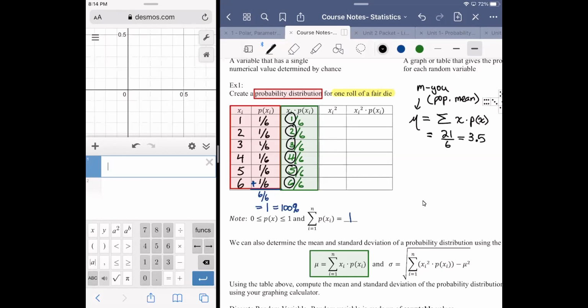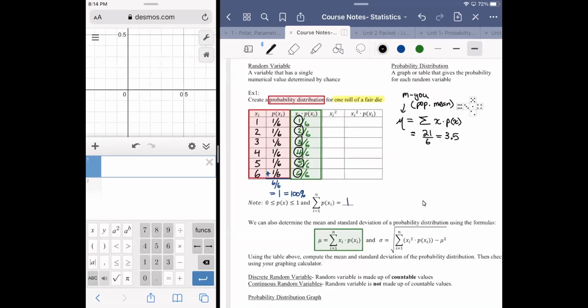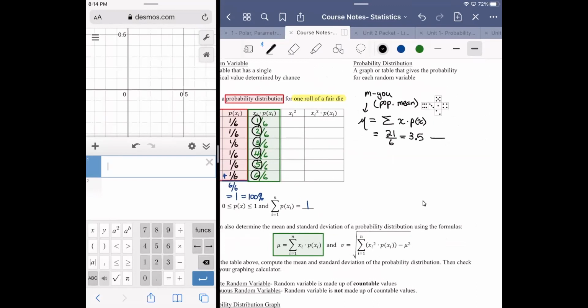What this is saying is if I rolled the die 100,000 times and averaged the value of the sides that I got, so sometimes I got a 2, sometimes a 4, sometimes a 1, sometimes a 6, add them all up and divide by the number of rolls, then it would amount to 3.5. Right? So this is also known as the expected value.